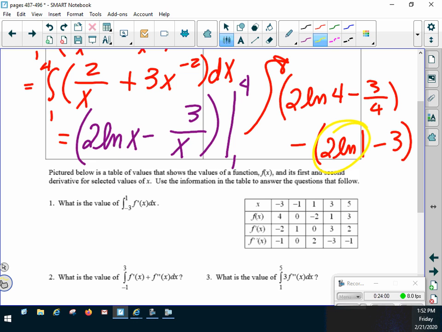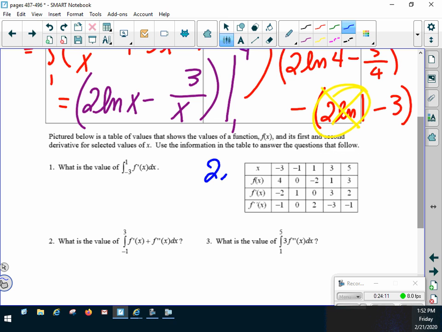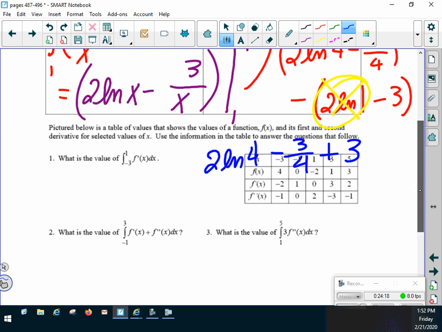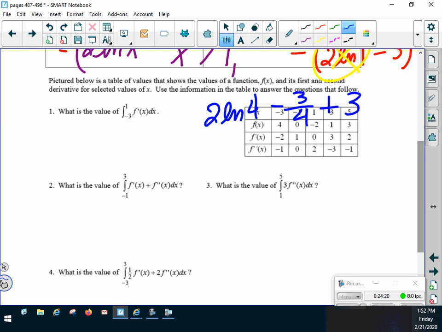E to what power is 1? 0. That's 0. Bye-bye. So this is going to give me 2 natural log 4 minus 3/4 plus 3. What's 3 minus 3/4? 2 1/4. So 9/4. So this is 2 natural log 4 plus 9/4.